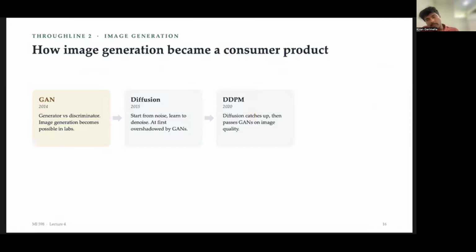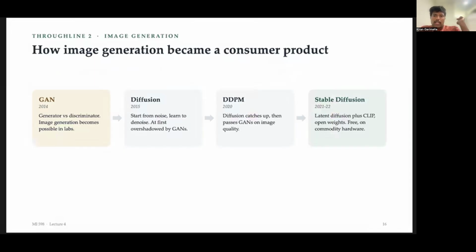Then the DDPM paper made diffusion much more competitive in 2020, and in 2021 there was the stable diffusion work, which was a big breakthrough at that time. There was also a company called Stable Diffusion, with an open source model.